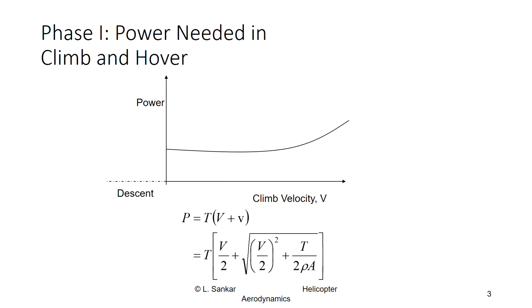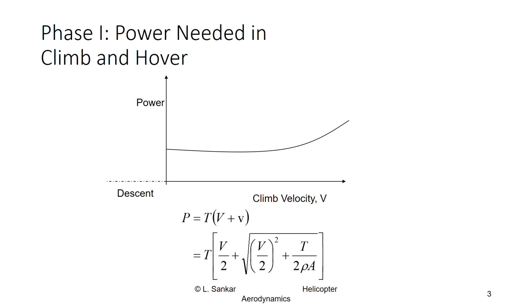Taking the closed form expressions from the actuator disk model for the induced velocity, lowercase v, and adding it to uppercase V, which is the climb velocity, you get an equation that looks like this. If you plot climb velocity versus this particular power, you'll have a curve as shown here.